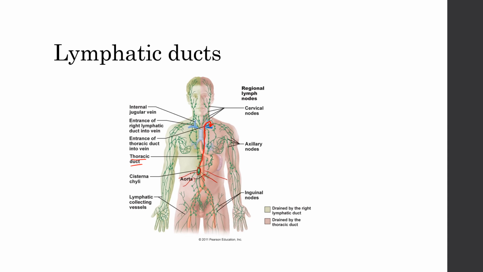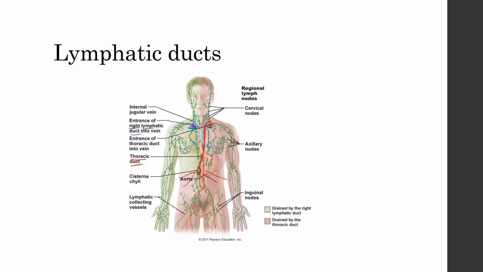The other is the right lymphatic duct, and it is a very short, little stubby 1 centimeter long vessel that sits right there and empties into the right subclavian vein.